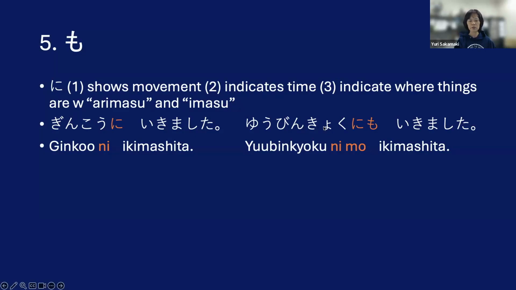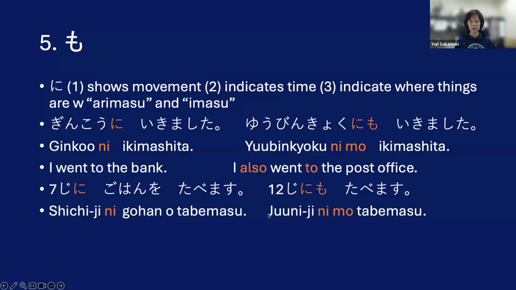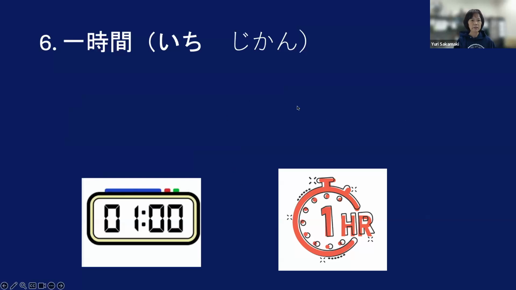So when you want to say 2 places, both of them you went, then you can say 郵便局にも行きました。7時にご飯を食べます。12時にも食べます。So you eat twice, at 7 as well as 12. So if you want to say it that way, then you can use 12時にも食べます。All right.